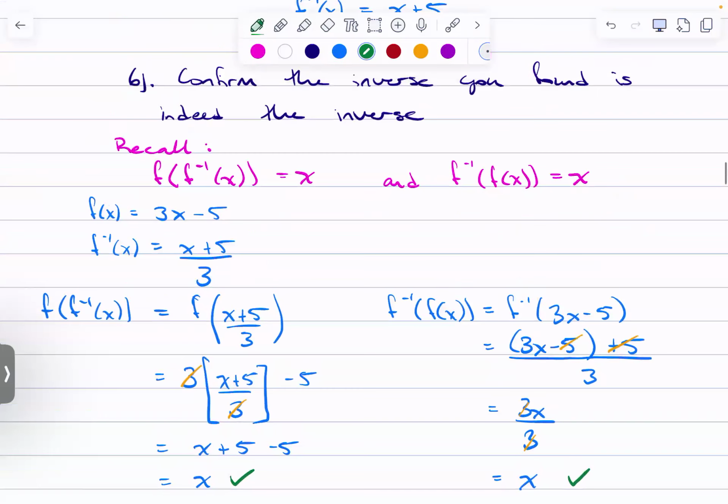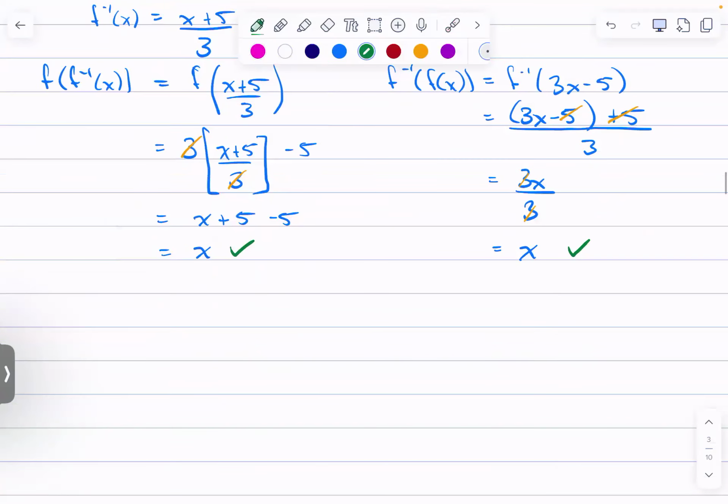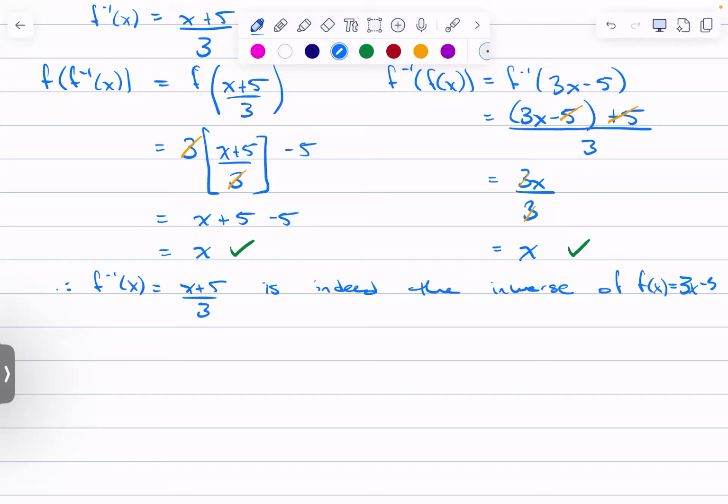So the question will say, confirm the inverse you found is indeed the inverse. Therefore, f inverse of x equals x plus 5 over 3 is indeed the inverse of f of x equals 3x minus 5.